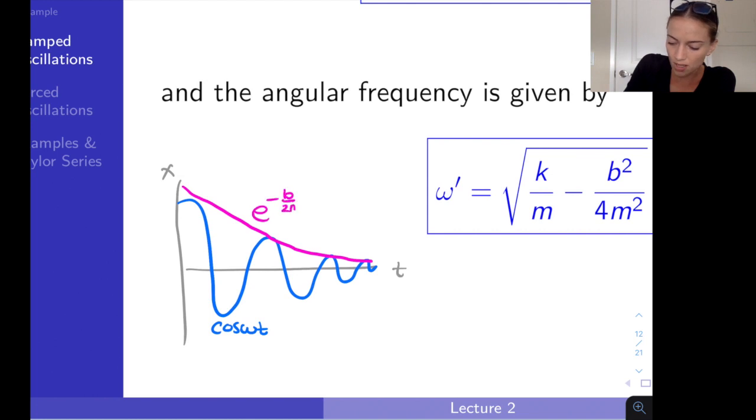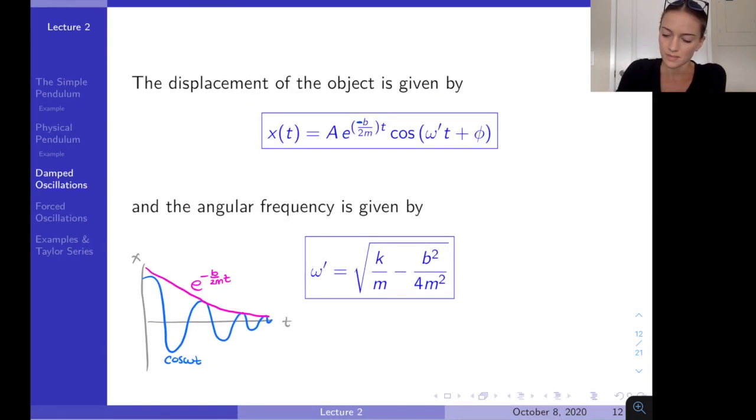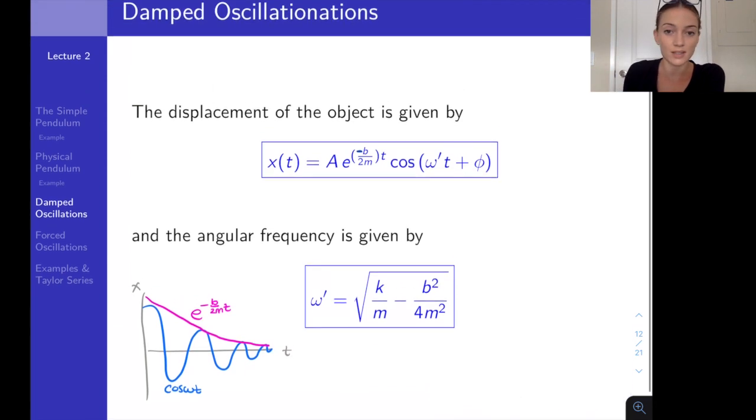So this is e to the negative b over 2m times time. This exponential function is squeezing our cosine together and making the amplitude decrease with time. As you can see, eventually as time gets to infinity, our system will just stop oscillating.